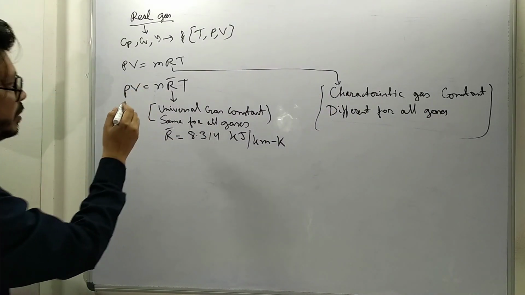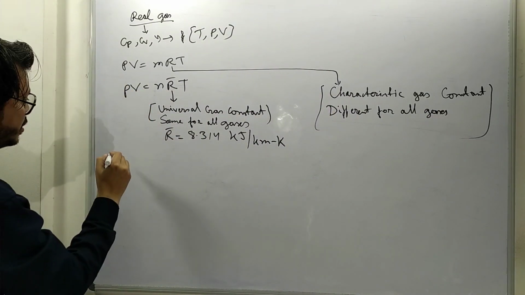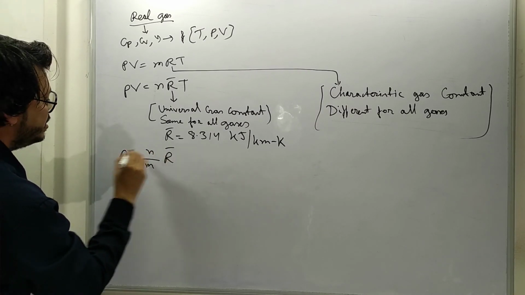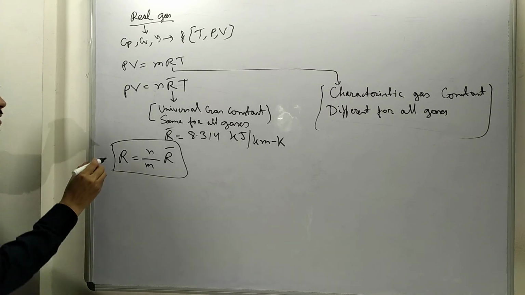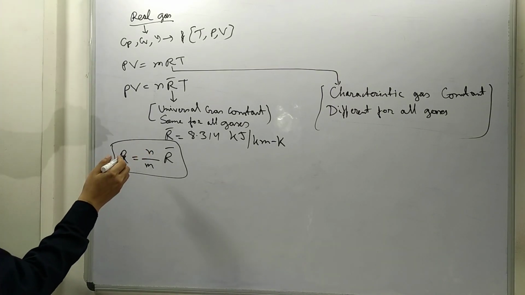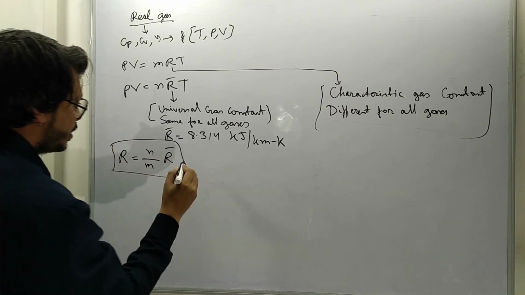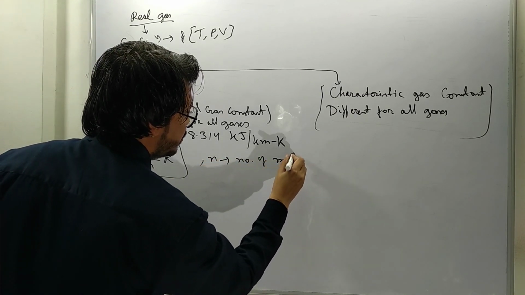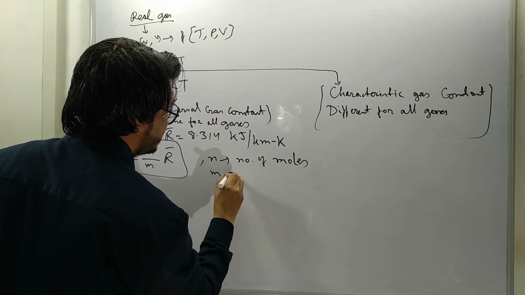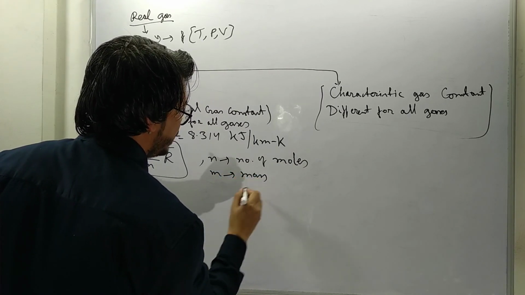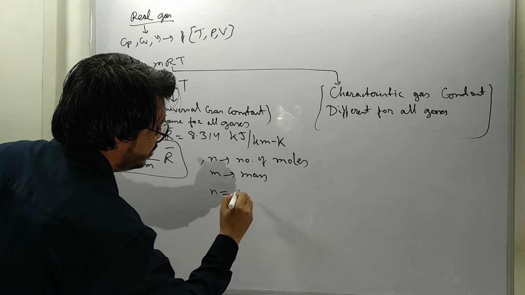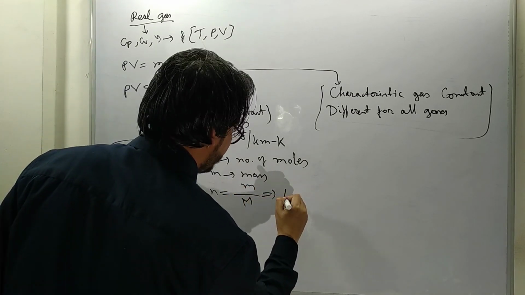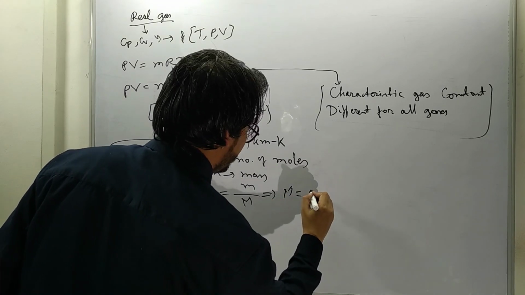Now if we divide both these equations, we get R is equal to n by m R dash. This is the relation between characteristic gas constant and universal gas constant, where n is the number of moles and m is the mass, and we know that n is equal to mass by molecular weight. From here we get molecular weight is equal to m by n.